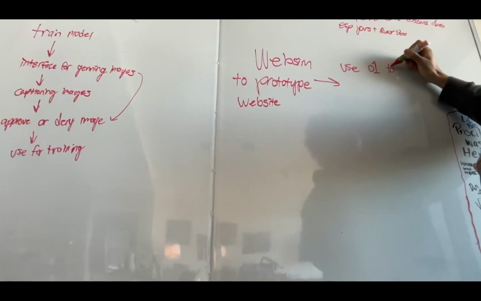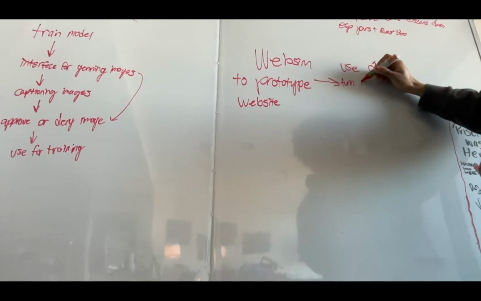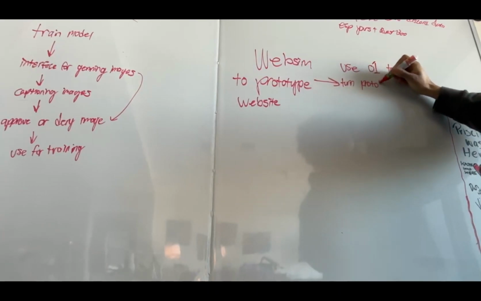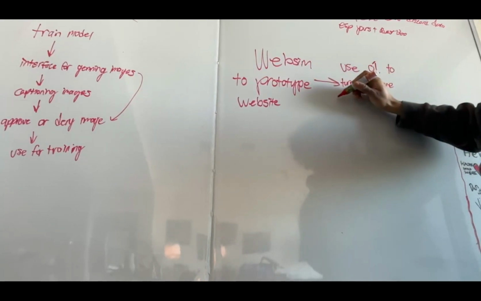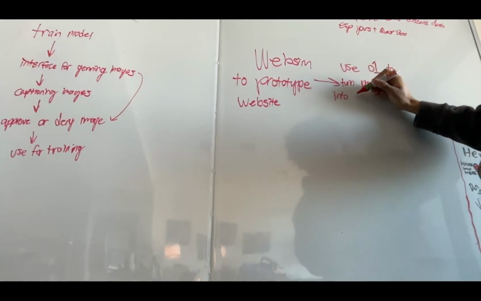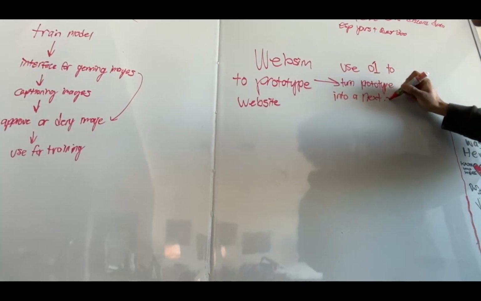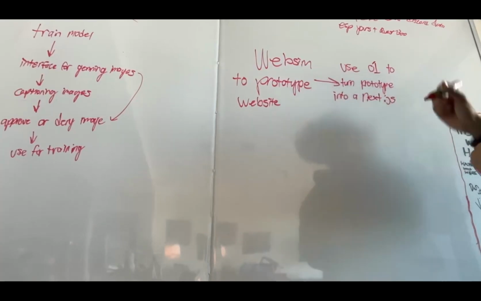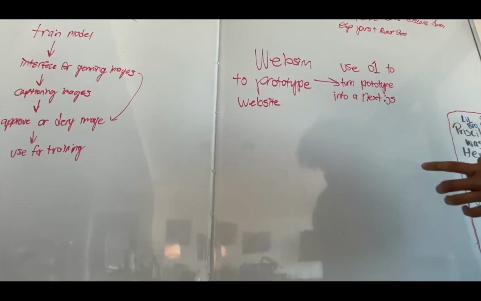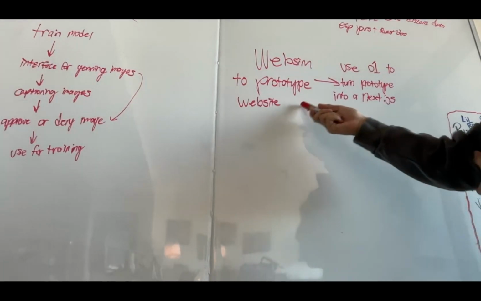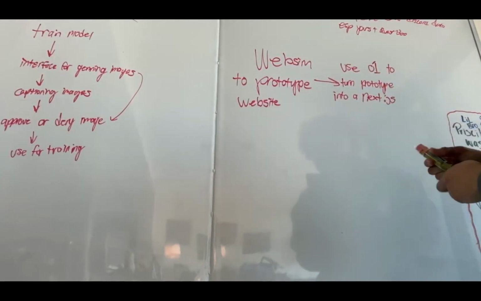Use O1 to turn the prototype into a Next.js app. I use Next.js for creating most of my websites. That part could be whatever you want, but for me, I use Next.js.